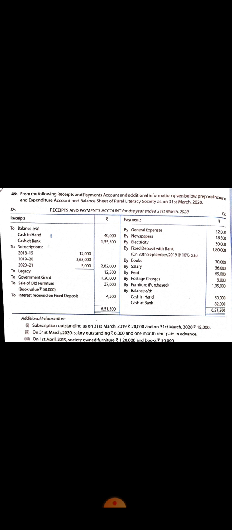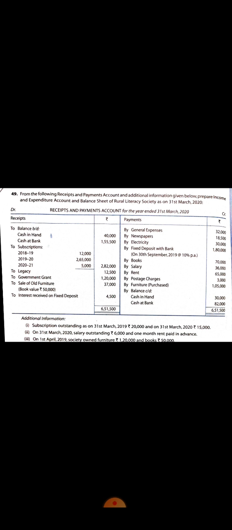Then books, assets, salary, expenditure. Outstanding salary is given. Adjustment number 2, salary outstanding 6,000. So salary debited to income and expenditure account 42,000. Rent, advance rent 5,000.